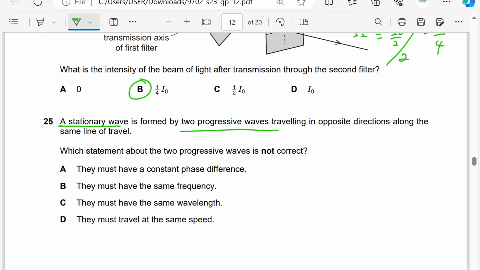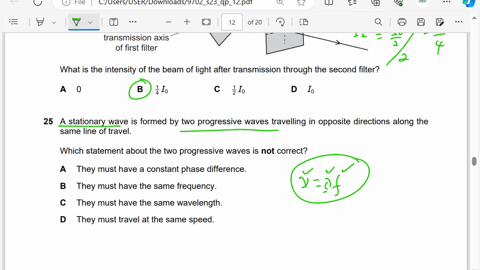Because we know that v is equal to lambda times f, to have nodes, the wavelength and the frequency of the two waves should be the same. And if these two are the same, then the speed will be the same. So these three should be the same for the two waves. They should be traveling in opposite directions.